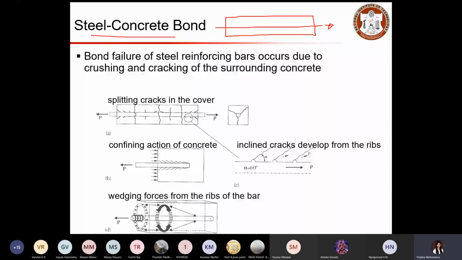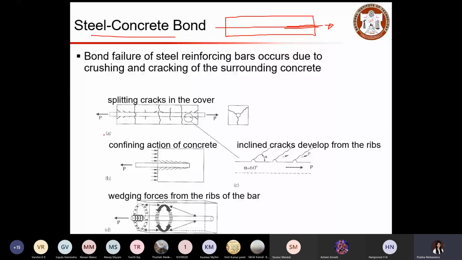As we pull, after a particular loading condition, the bonding at the interface will get affected, and the strand or steel will start slipping, and this deformation will slowly spread from this region to the end of the rebar. Once the strand starts slipping, that represents that your bond has failed.